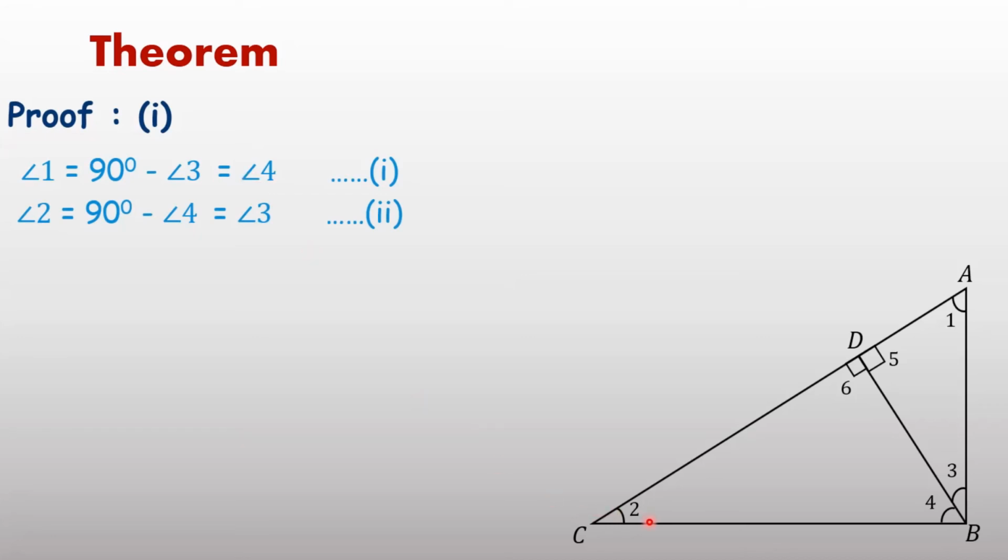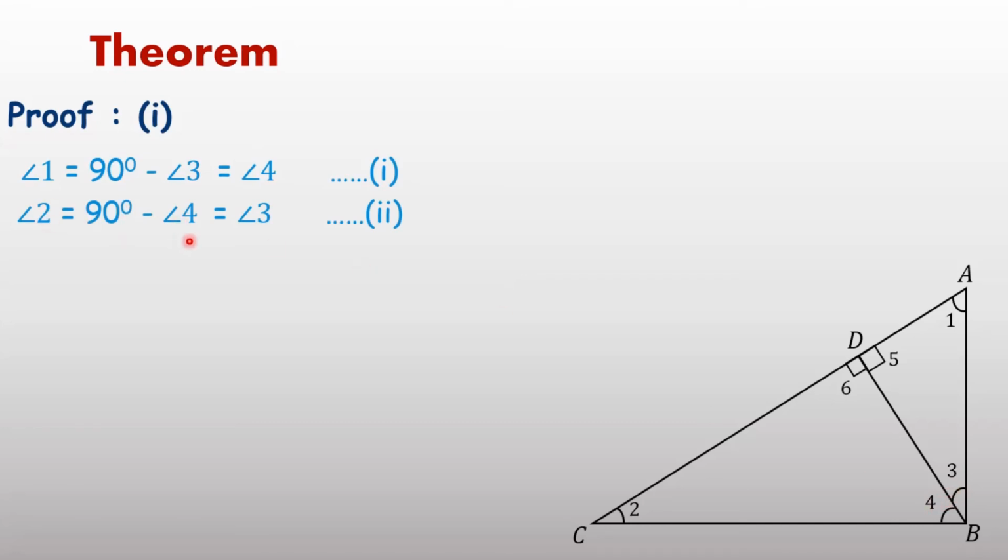Similarly, in triangle CDB, angle 6 equals 90 degrees. Therefore, angle 2 plus angle 4 equals 90. It implies angle 2 we can write as 90 minus angle 4. Angle 2 equals 90 minus angle 4, and angle 3 plus angle 4 equals 90 degrees.